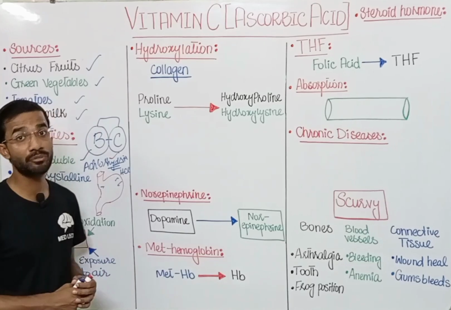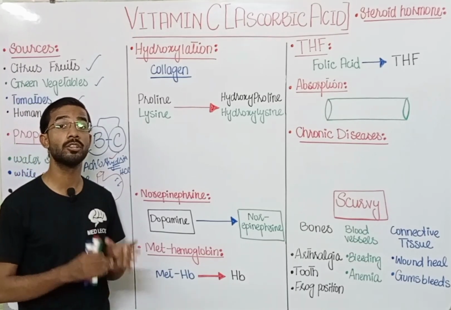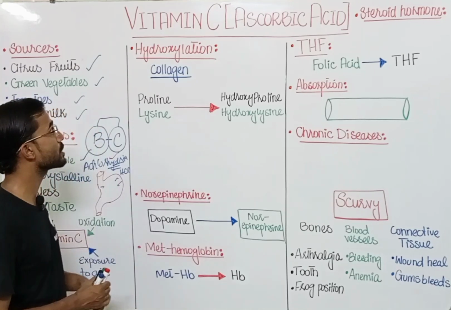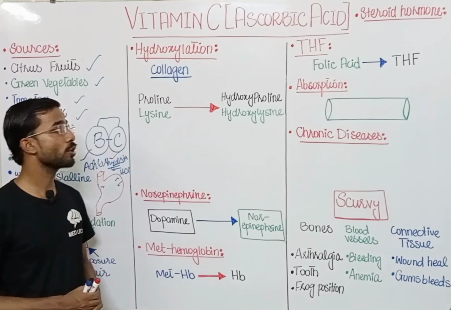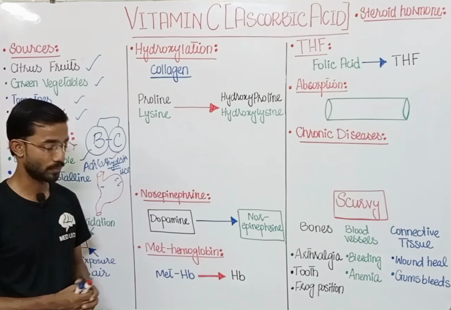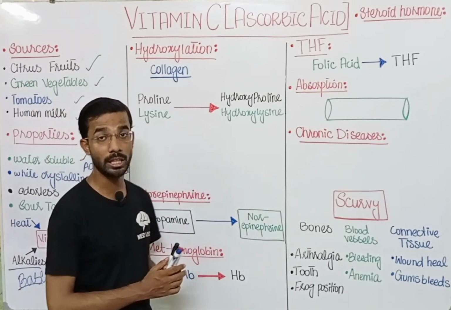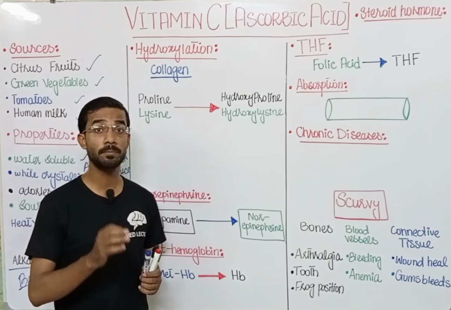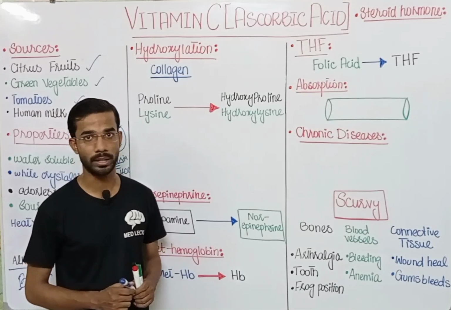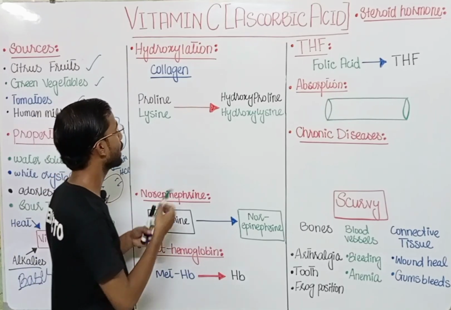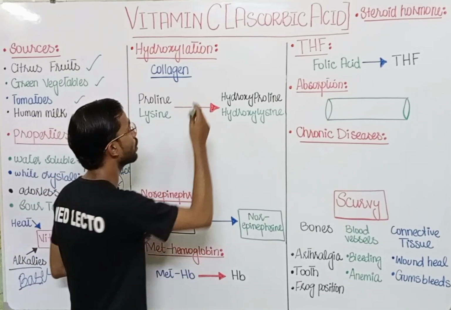If we discuss the different functions, vitamin C has a lot of functions. We will discuss them one by one. First of all, the most important function is hydroxylation. Collagen is the most important protein in our body and is present in abundant amounts. A lot of structures have collagen, like the connective tissue.